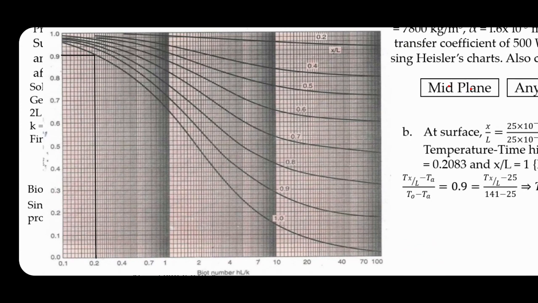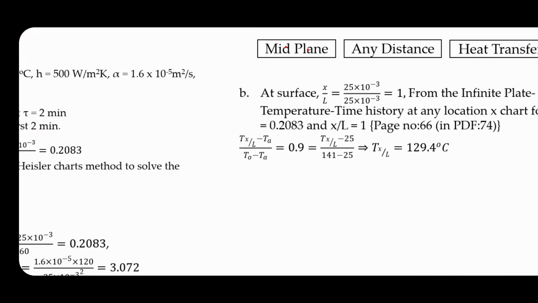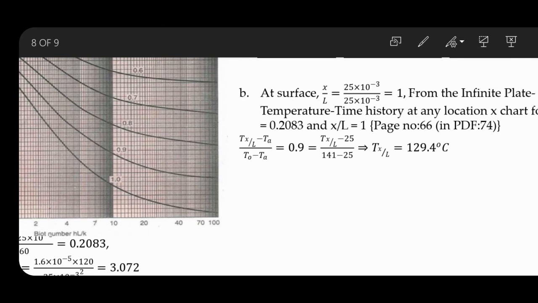So now the temperature ratio, (T at x by L minus T_infinity) divided by (T0 minus T_infinity) is 0.9. I know T0, which we have calculated in the previous step, and I know T_infinity, that is given 25 degrees Celsius. From that I can find out the surface temperature, that is 129.4 degrees Celsius.